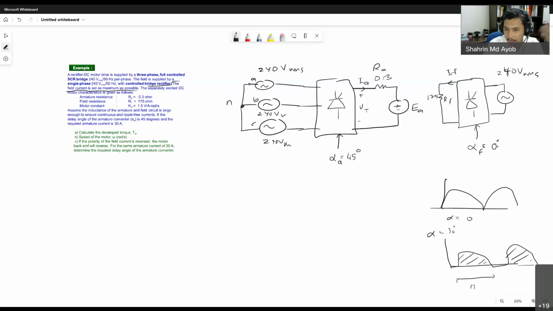Compare this with alpha 0, where your V average is full. So meaning that your alpha F should be set equal to 0 so that the current is maximum. That is the indirect information that you can extract from this sentence.